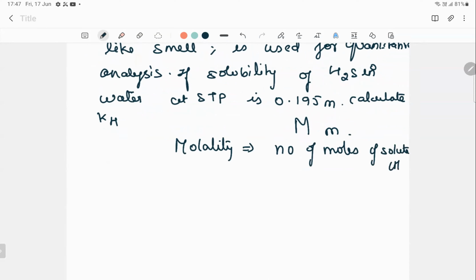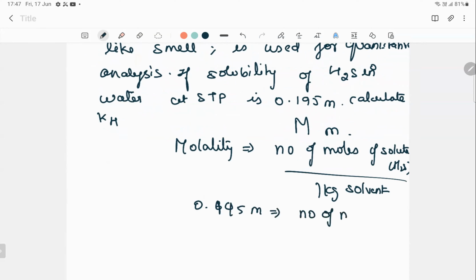Here your solute is H2S divided by 1 kg solvent. So here it is 0.195 molality, that is your number of moles of H2S.